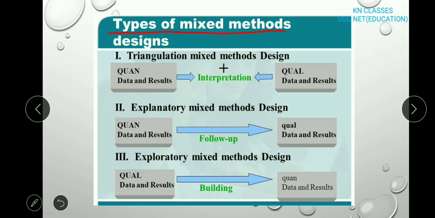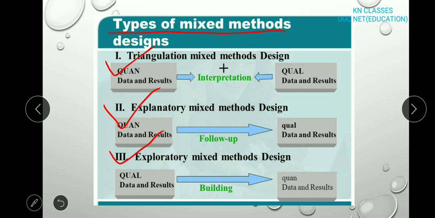Friends, in this video we'll discuss only the meaning of the three types of mixed method research design. In the next video we'll discuss these three designs in detail. In our NET education syllabus, there are three main types of mixed method research: first is triangulation, second is explanatory mixed method design, and third is exploratory.